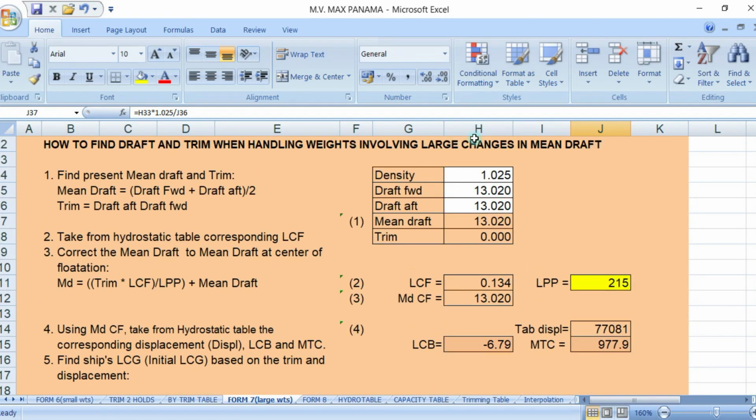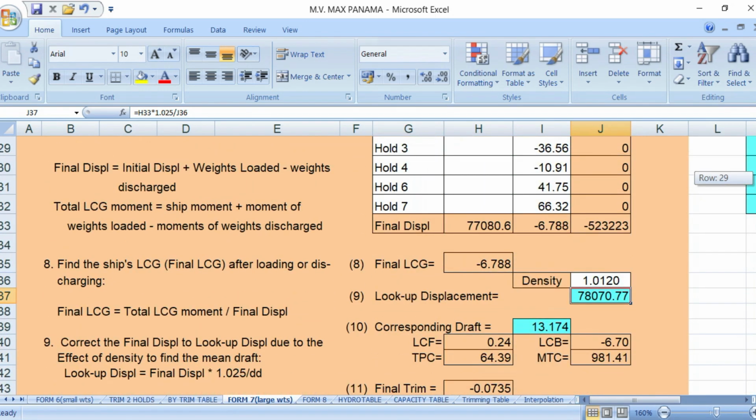Just put in the density and the draft, then you will get the results of your new density, your new displacement, and your draft.